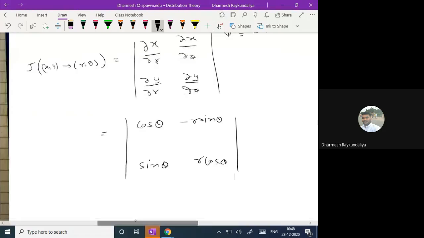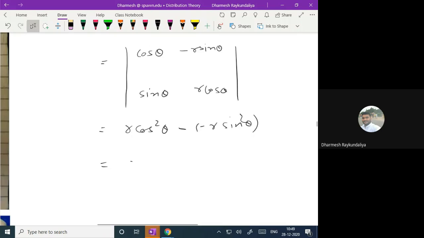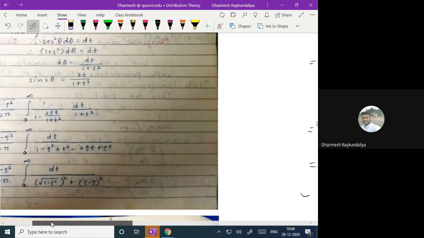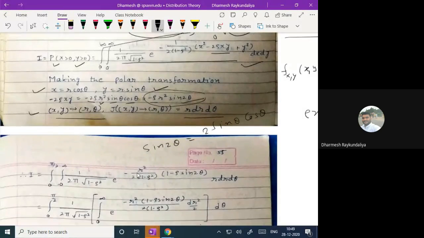So just find it: it is r cos square theta minus minus r sin square theta, which is r times cos square theta plus sin square theta, and that is 1, so it is r. So the Jacobian between x y and r theta is nothing but r. So that is what is written: dx dy is nothing but r dr d theta.